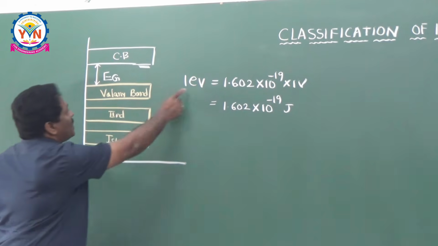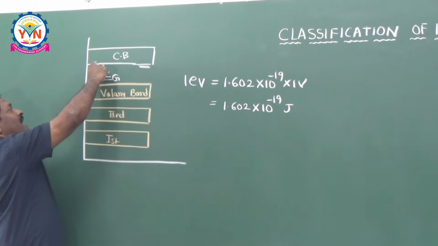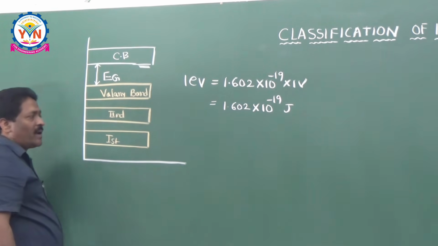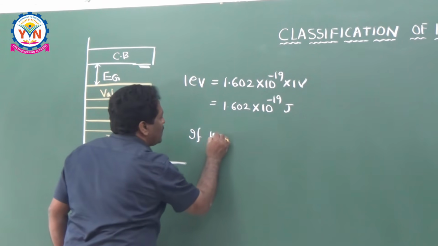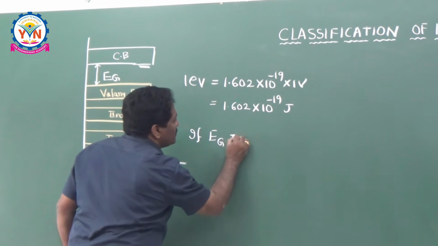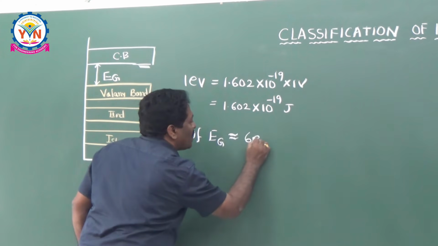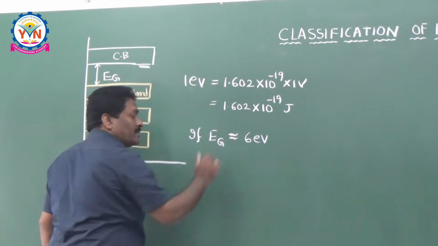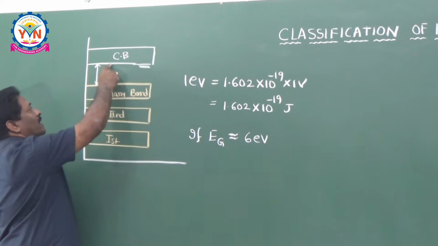So once you know this electron volt definition, depending upon the magnitude of this, I can divide all these materials into 3 categories. Number 1, if the energy gap EG is approximately equal to 6 electron volts, that means it is the biggest energy gap. Much more difference is here between the valency band and conduction band.